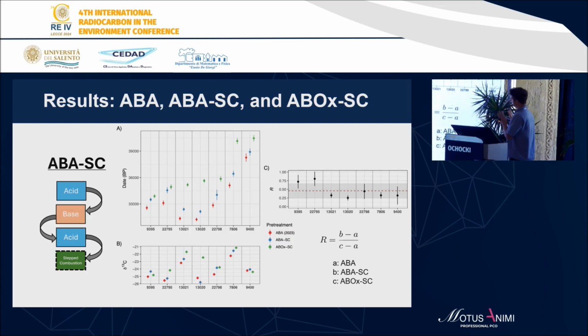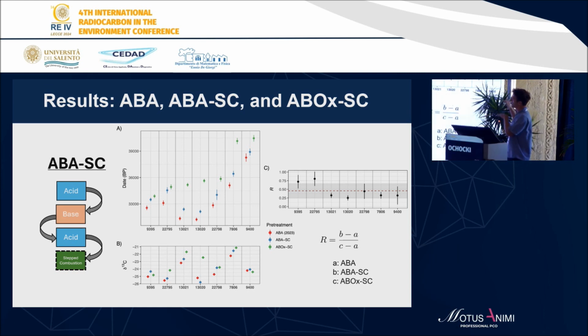And then, as a way to give these dates a common method of comparison, this measures the proportional effect of step combustion on this ABA material, expressed as a proportion of the inferred contaminant removal by ABOX.